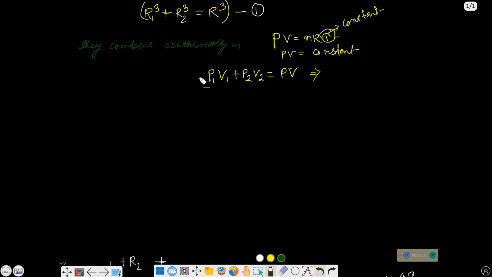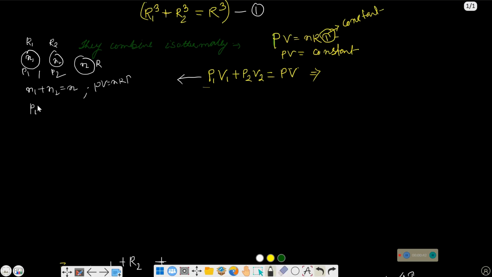Now suppose this is n1 and this is n2, the number of moles for the soap bubble of radius R1 and for the soap bubble of radius R2. Then for the bigger bubble after combination of radius R, let it be n moles, because the number of moles will be conserved. n1 + n2 = n. Since it is isothermal, PV = nRT, and the pressure here is P1 and here is P2.